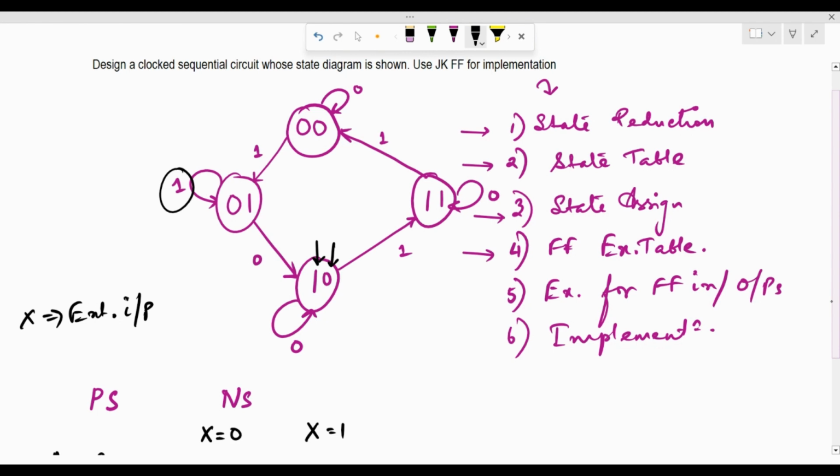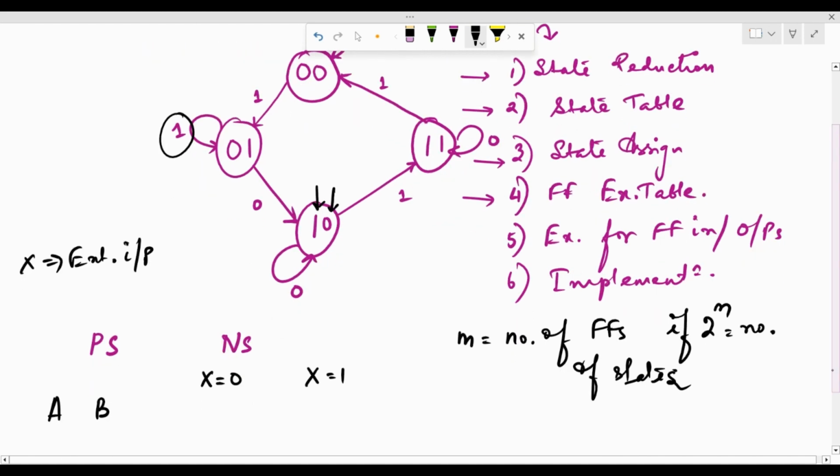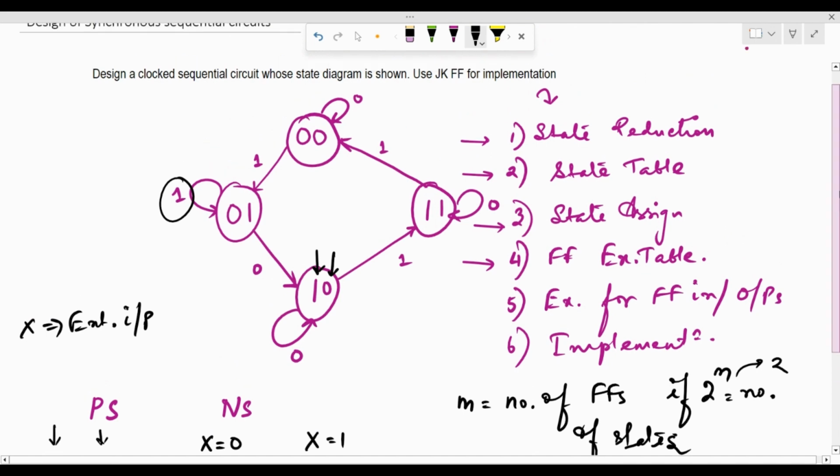So I can say that m is going to be the number of flip-flops if 2 to the power m is the number of states. In this case, m is going to be 2 because we have 4 states over here. Therefore, we have 2 flip-flops, flip-flop A and flip-flop B. A, B put together represents one particular state.